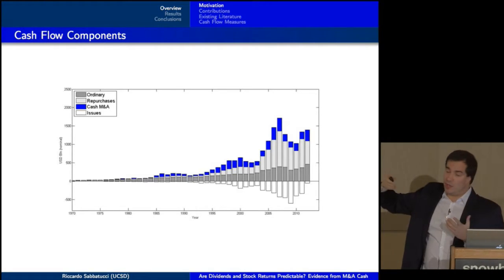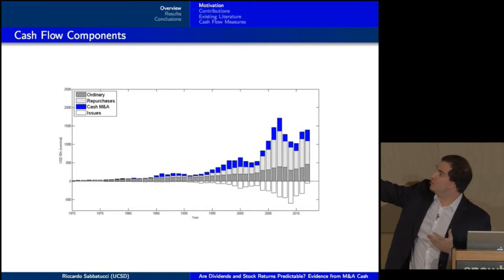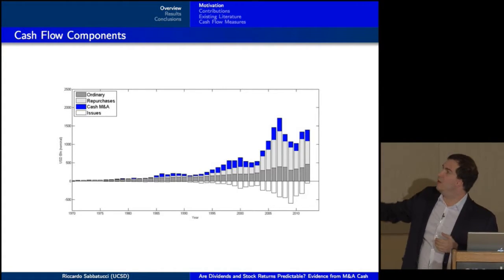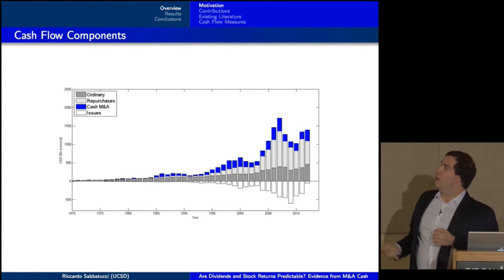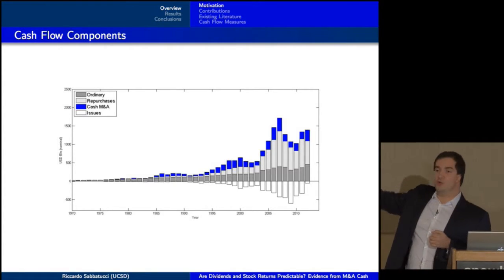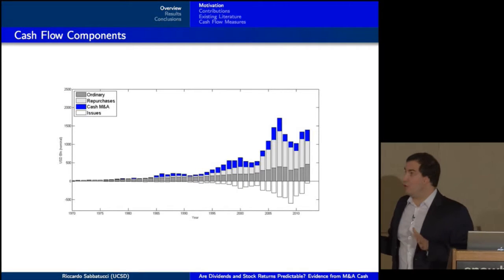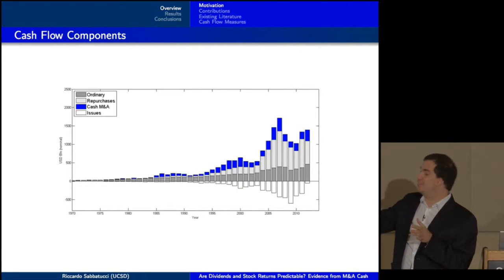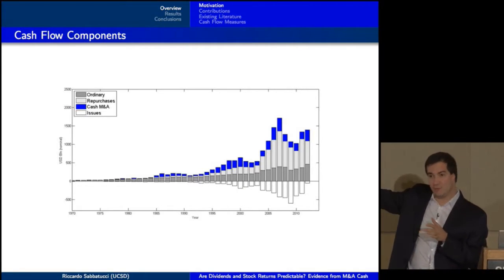A lot of papers, well, the majority of papers, have looked at the ordinary dividends. A few papers have looked at buybacks and issues. I focus and look at the blue bars. To the best of my knowledge, this is the first paper that explicitly looks at cash dividends coming from M&A activity.